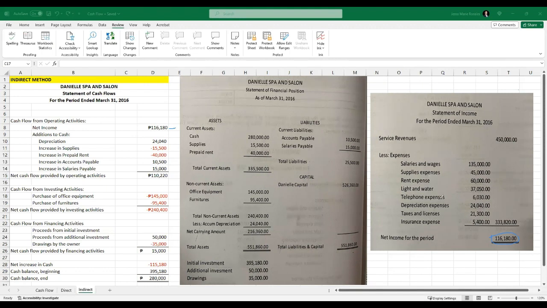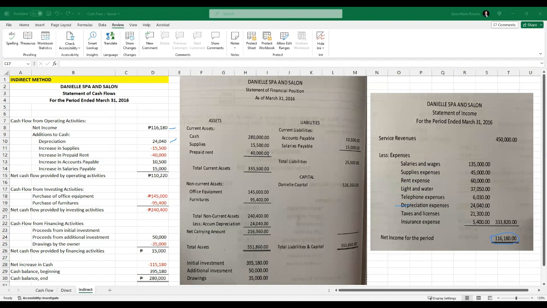Tapos i-add back nato katong mga non-cash nga transactions. So unsa may mga non-cash diri? Isa lang, depreciation expense. So i-add nato balik ang depreciation expense.